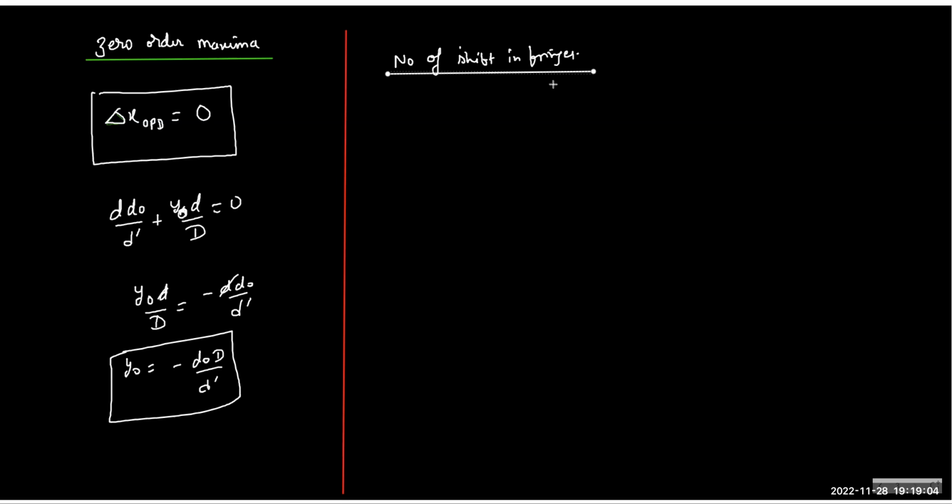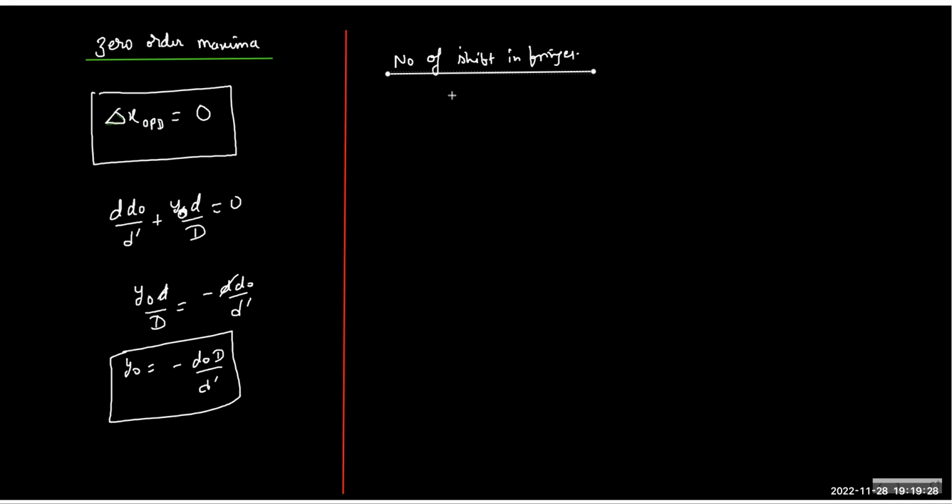So the O point, which was earlier brighter, the central brightness, because of the shift of the source, may become a darker region or a brighter region or something in between as well, depending upon the number of shifts.